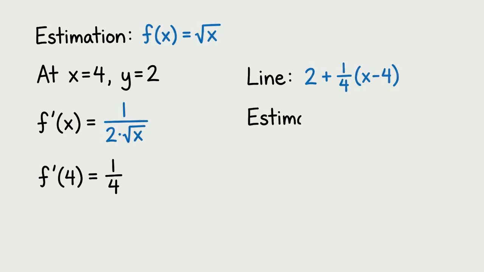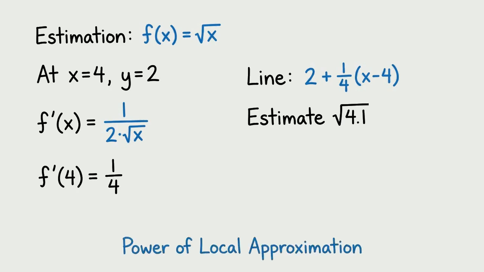So to estimate square root of 4.1, plug in x equals 4.1. You get 2 plus 1/4 times 0.1, which is 2.025. The actual square root of 4.1 is about 2.0249. That's really close. That's the power of local linear approximation.